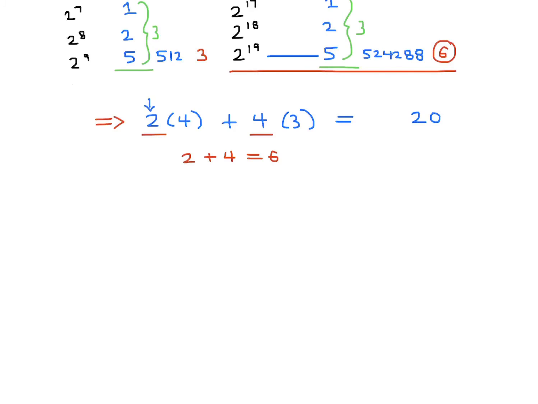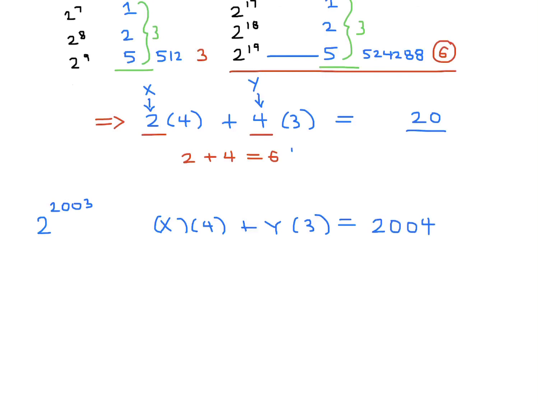Basically, I'm going to let this be x, if I'm extrapolating all the way to 2 to the power of 2003. And I'm going to let this one be y. So in a very similar way, it'll be x times 4 plus y times 3. And it's not 20 this time. It's how many? 2004.